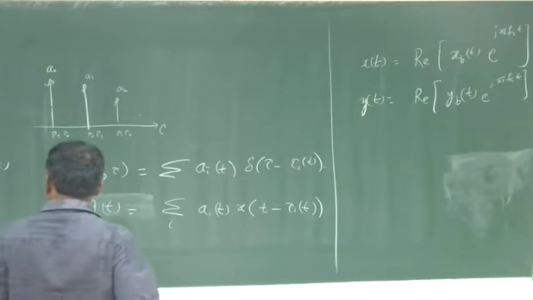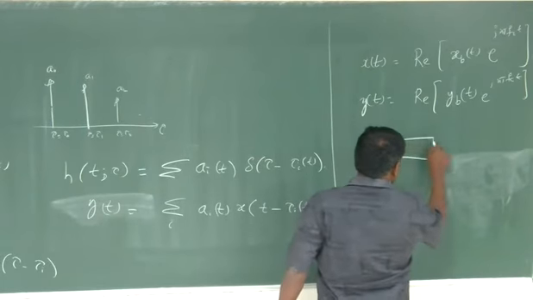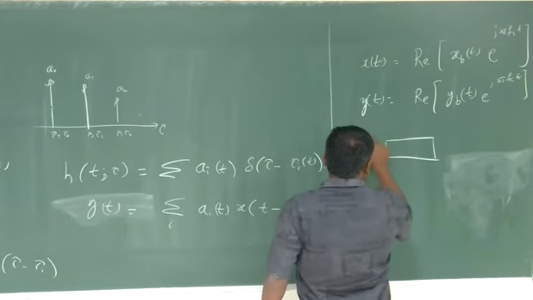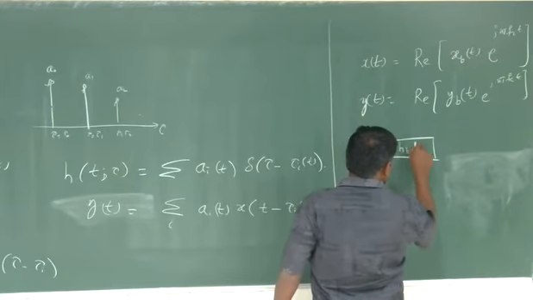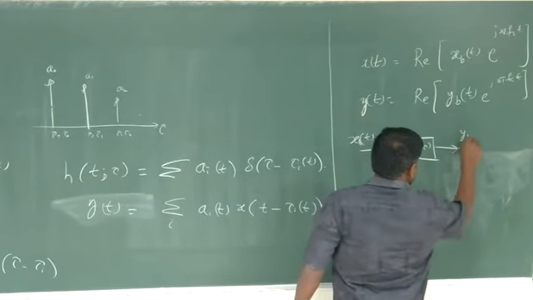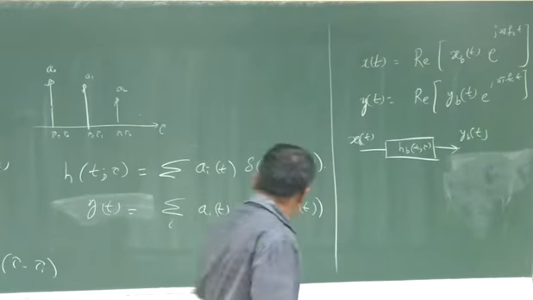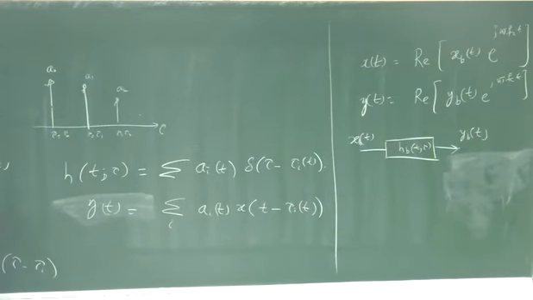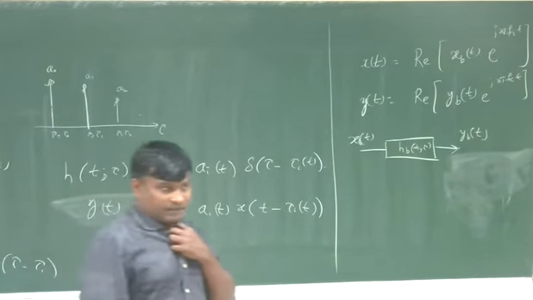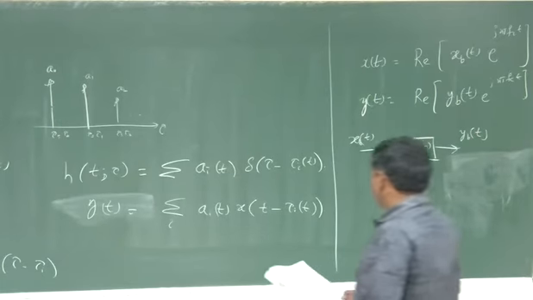If that is the case, I can rewrite this entire system model as y_b of t equals h_b of tau times x_b of t. So I need to determine what is the baseband equivalent of this channel h of tau, or h of tau comma t. Okay, that can be done.